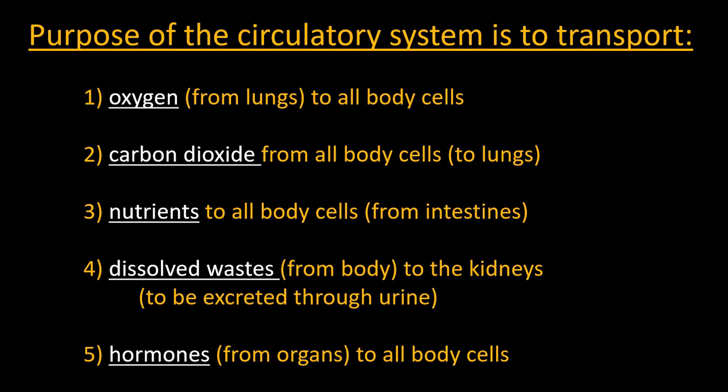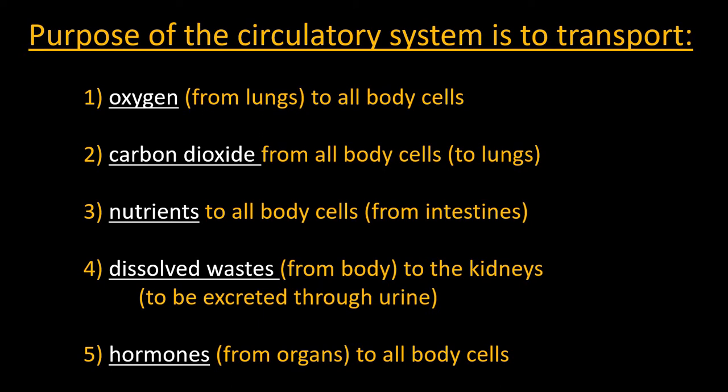Okay, first off, you need to have it transport oxygen from your lungs to all of your body. In return, it gives you carbon dioxide that then will come from the body back to the lungs.